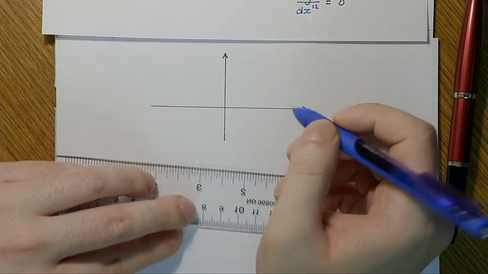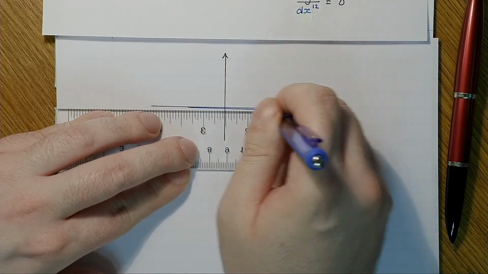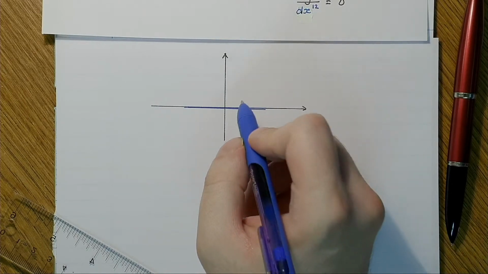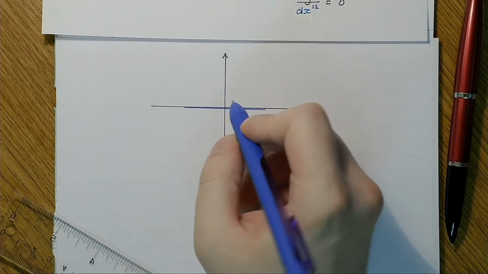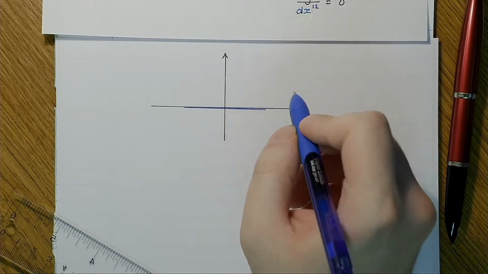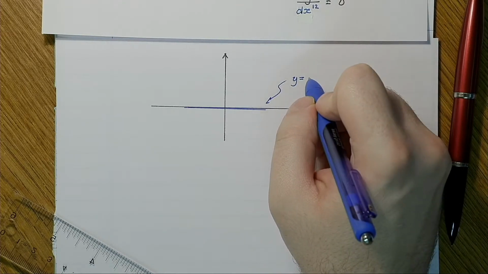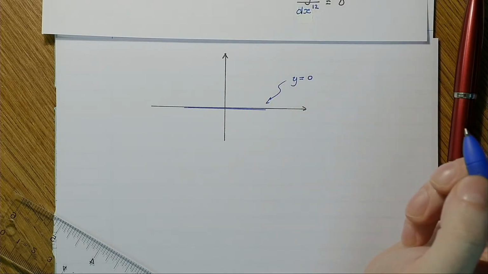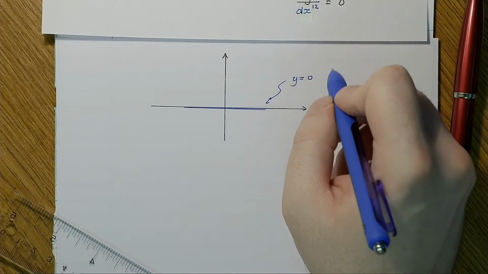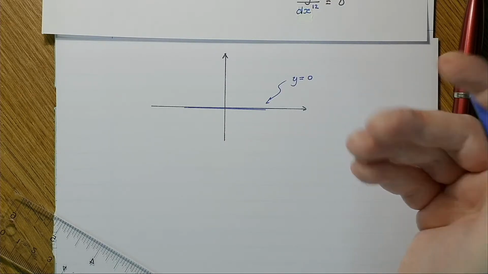I have this, and here's my line. So here is my function. Here's my y equals 0, which is still a constant, right? And so you should already be thinking, oh, it's a constant, so then it should be 0 as well.